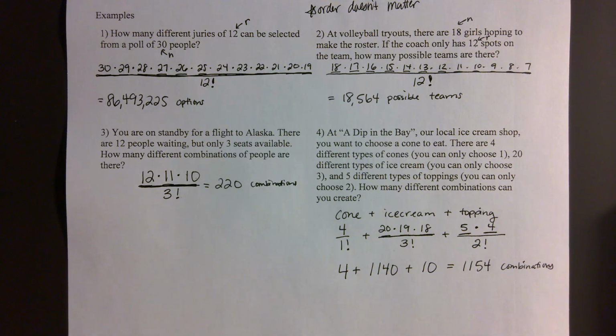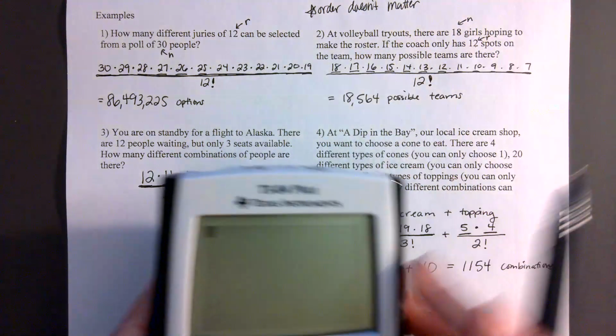And really, they're basically the same thing. They kind of go hand in hand. It's really just taking a look at permutations and then dividing out your repeats, so your R factorial. That's pretty much it.